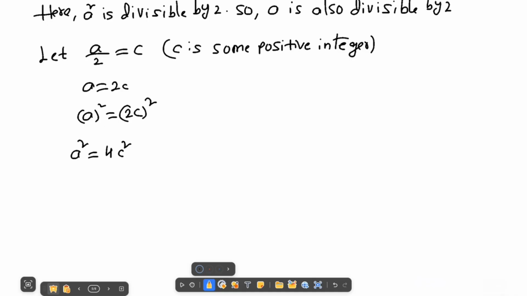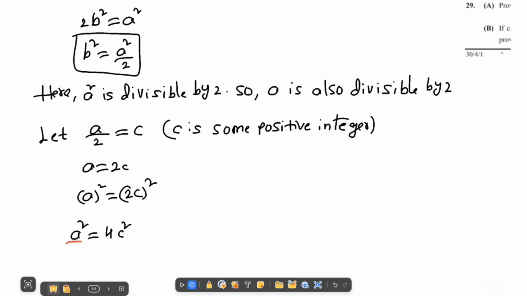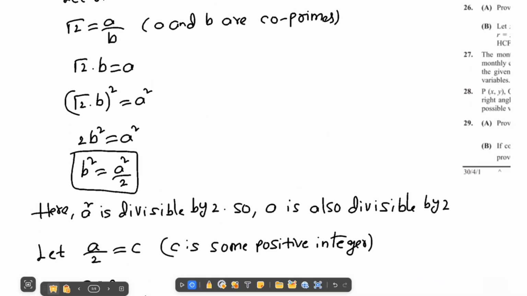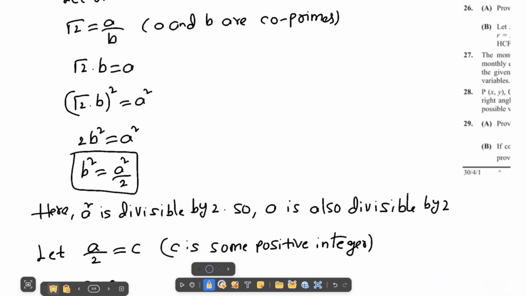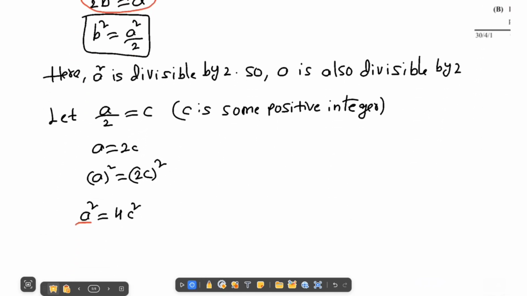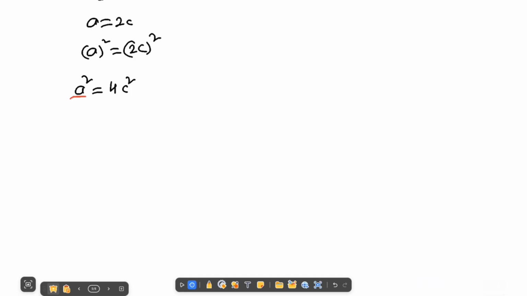So now what is a square value? We have seen here before, a square is equals to 2b square. So write in place of a square, write 2b square. 2b square is equals to 4c square.